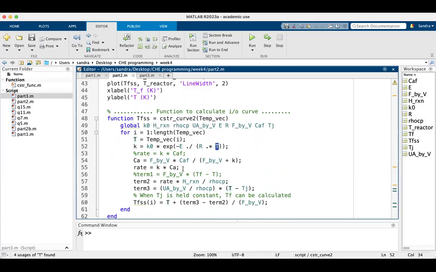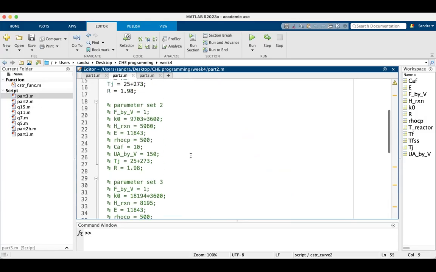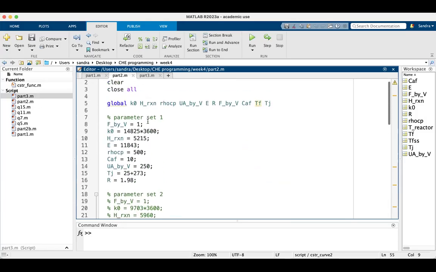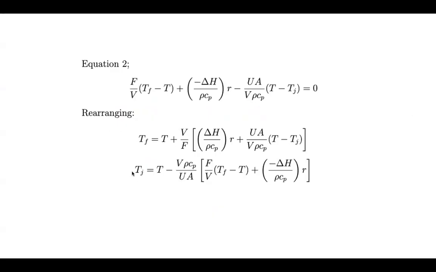There's an equation like this, right? So that will be a more difficult route because when you start with temperature, it's pretty straightforward. So these are the two equations. One is for the feed temperature, and the other is for the jacket temperature.